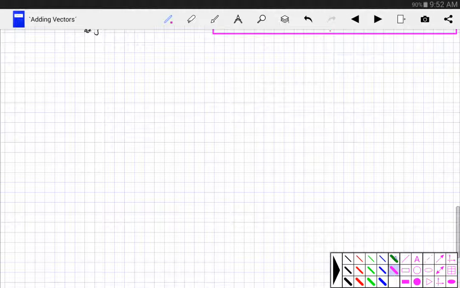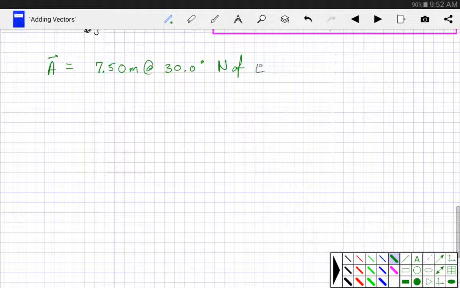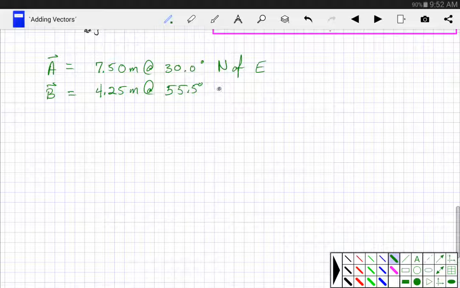I'm going to start with vector A is equal to 7.50 meters at 30.0 degrees north of east, and B vector is equal to 4.25 meters at, let's make up an easy number, 55.5 degrees west of north.